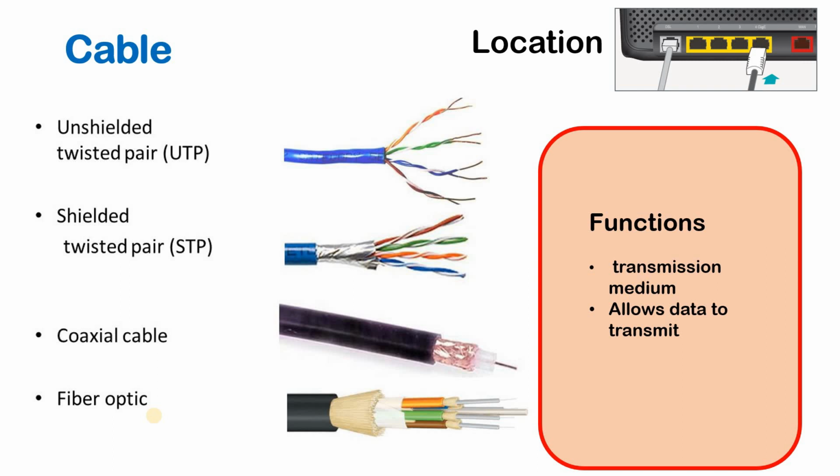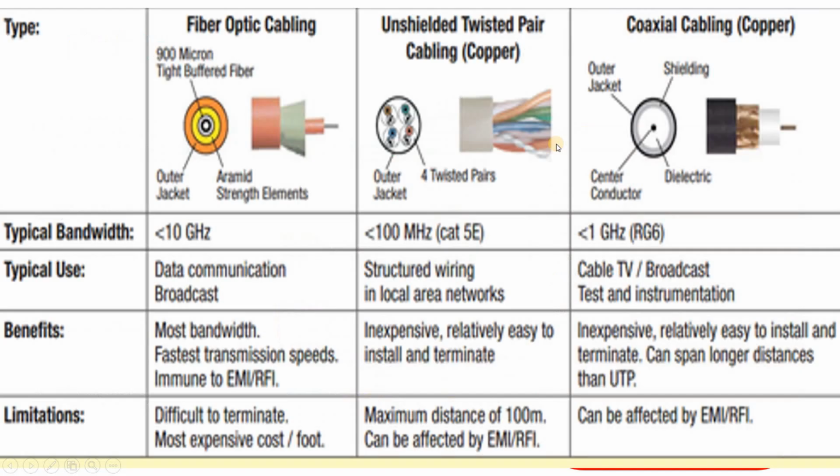Cable is considered a transmission medium, and it allows data to transmit. This is the way to connect your cable through your ports. And this is the comparison between fiber optic, unshielded and coaxial cabling. We can classify by bandwidth, typical use, benefits, and limitations.